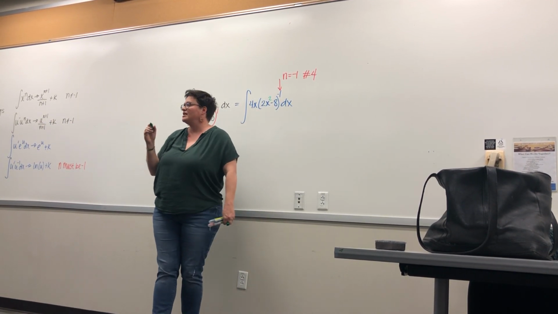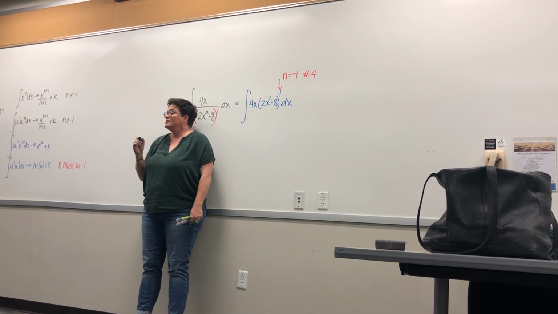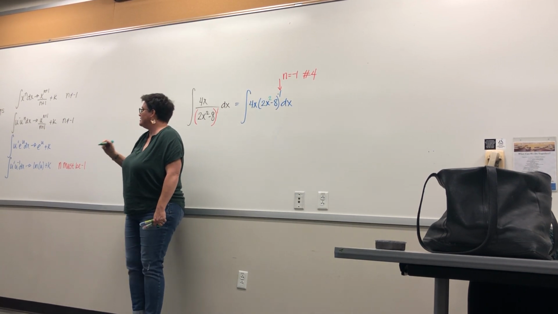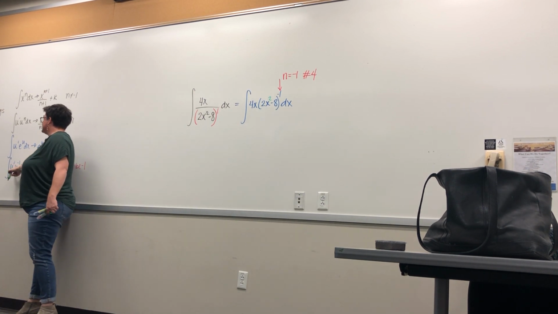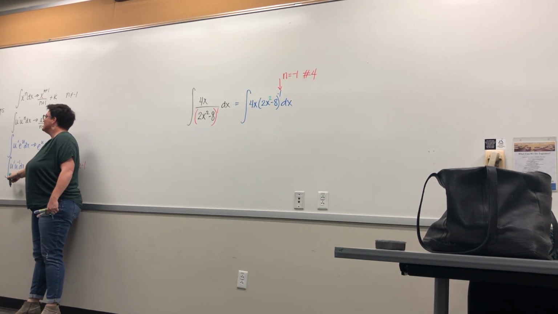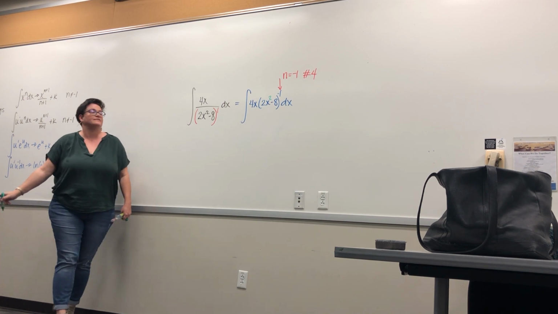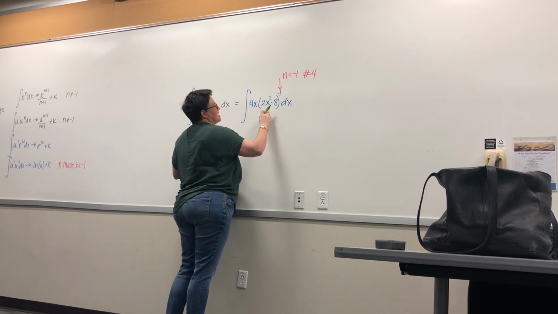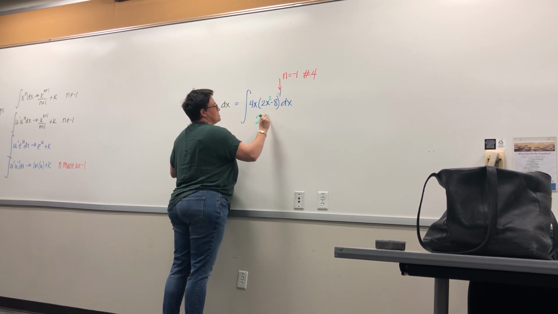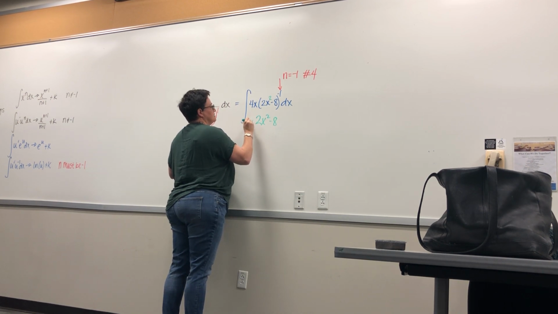Where's u located? Literally, u is tied to negative 1, right? So u is located as the base of negative 1. So the base of negative 1 here is 2x squared minus 8, thanks to Haley.